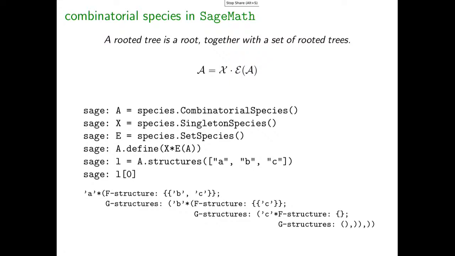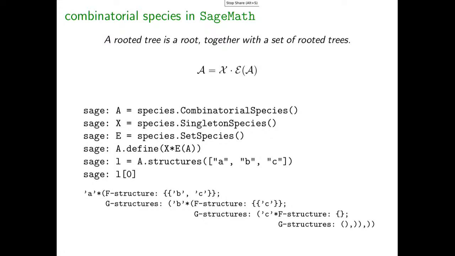Okay. Is there a question? Can you say again what F structure and G structure means? What it means that it's an F structure or in the composition? I mean, do F and G refer to something specific? So here we have this composition E of A, sets of trees.